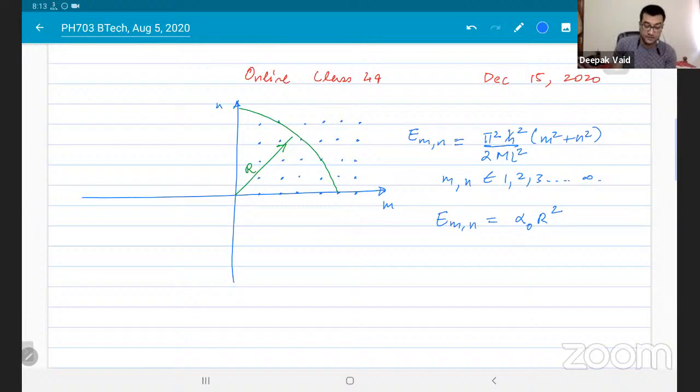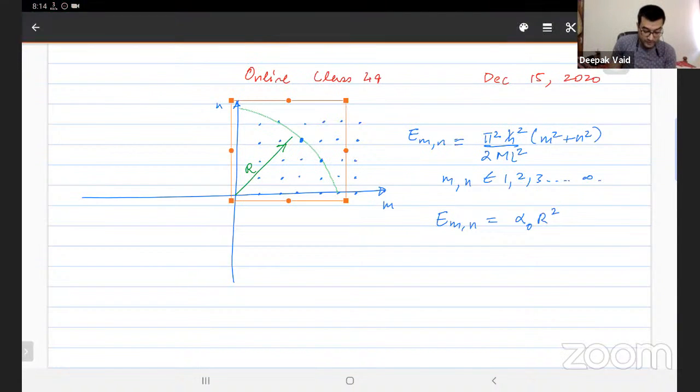So if you look at this point, whatever m or n is, this circle intersects some of these points, but not all of the points. So every point on the circle is not a physical energy state. But that's okay because we want to get an approximate idea of what's going on.